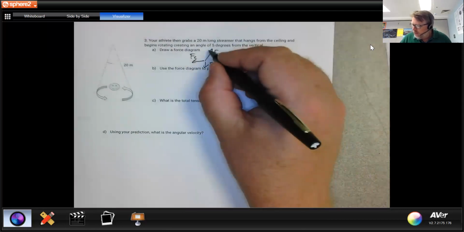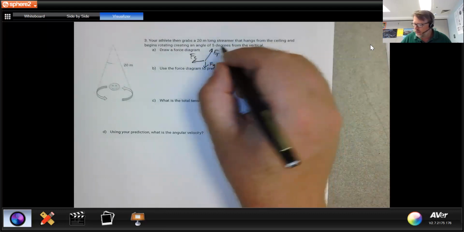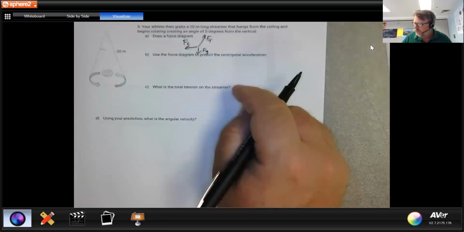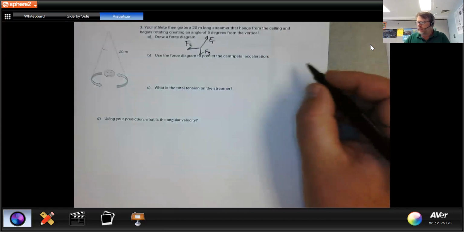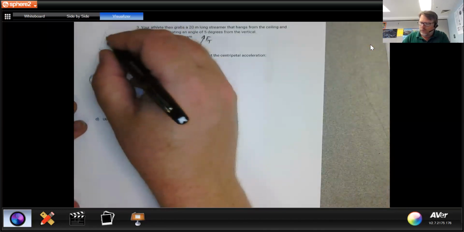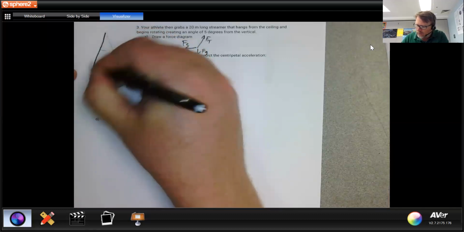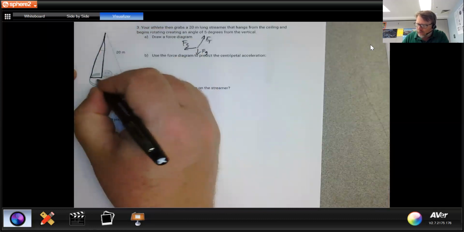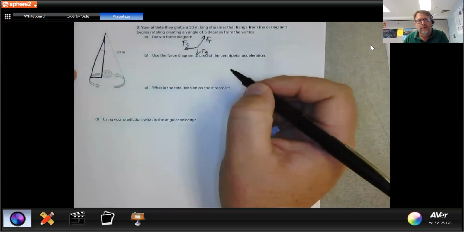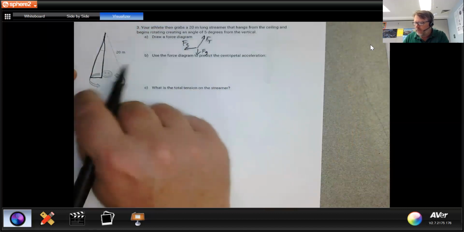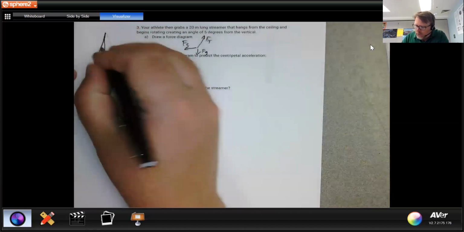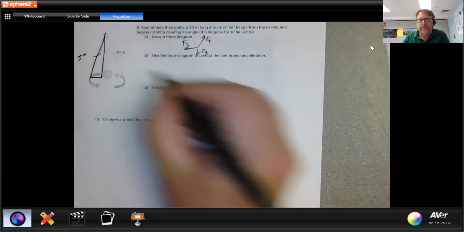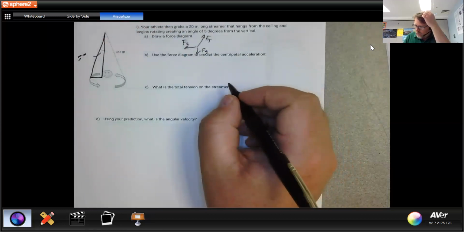Notice this angle from the horizontal is only 5 degrees, which means this is not really to scale because it's going to look much more like this, where our force gravity, force centripetal, and our tension form a similar triangle. They're both going to be 5 degrees. We also need to figure out the radius.